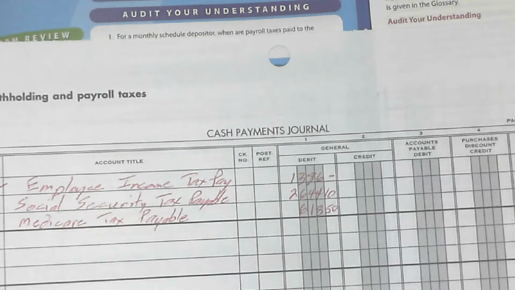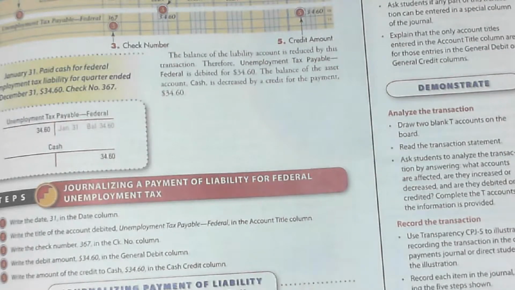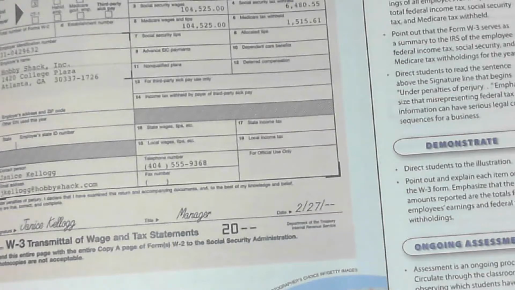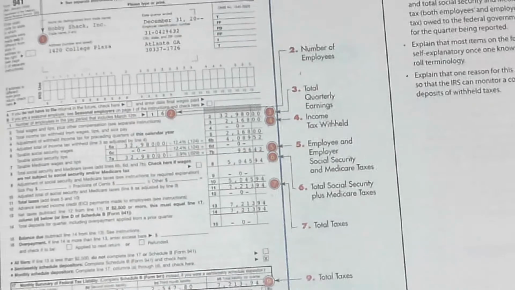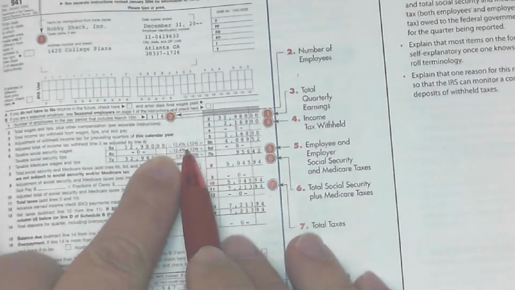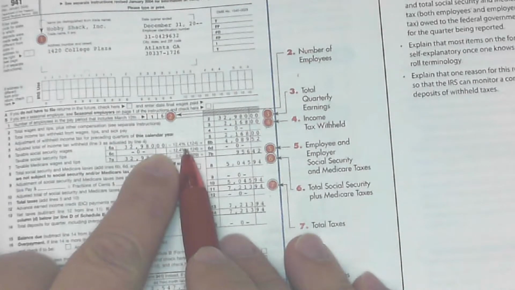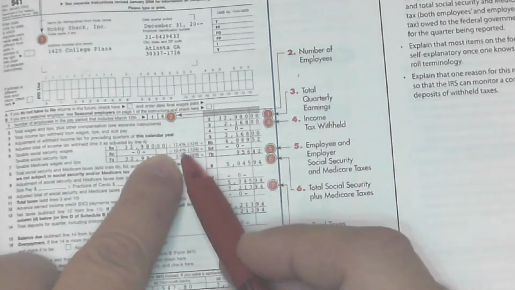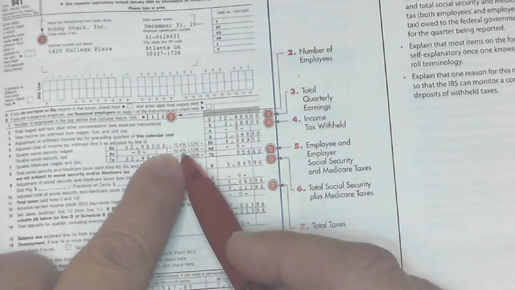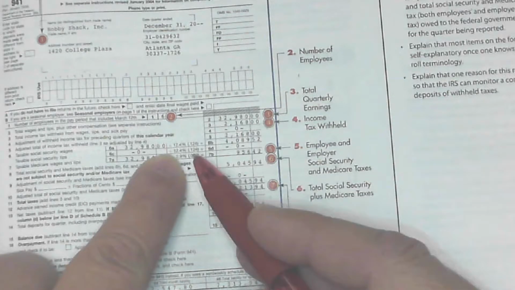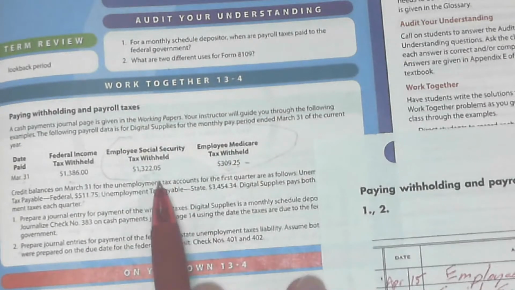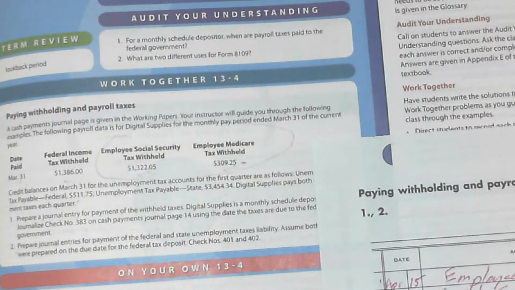Just to remind you, go back to section 3. Remember I showed on the tax form the 12.4% instead of 6.2, because 6.2 was withheld from the paycheck. Then the employer has to do the matching, so basically doubling it. That's what made that 12.4%. So that's just what we're doing here on our journal.